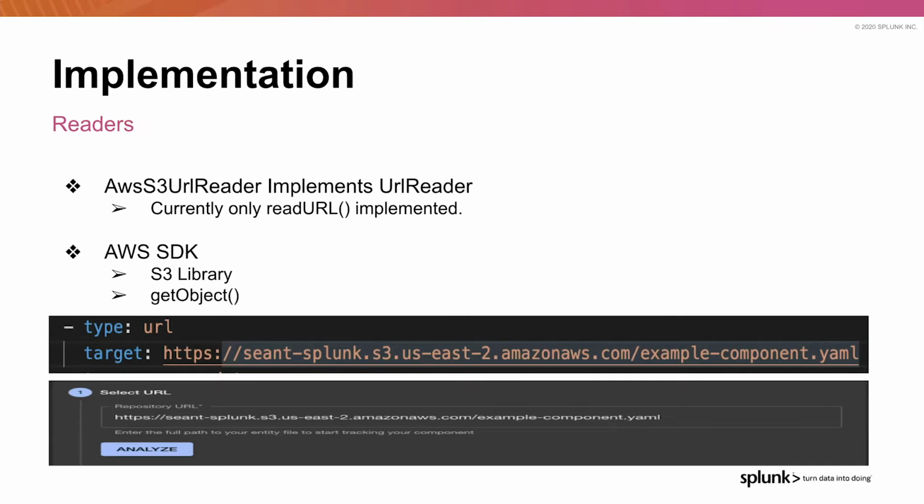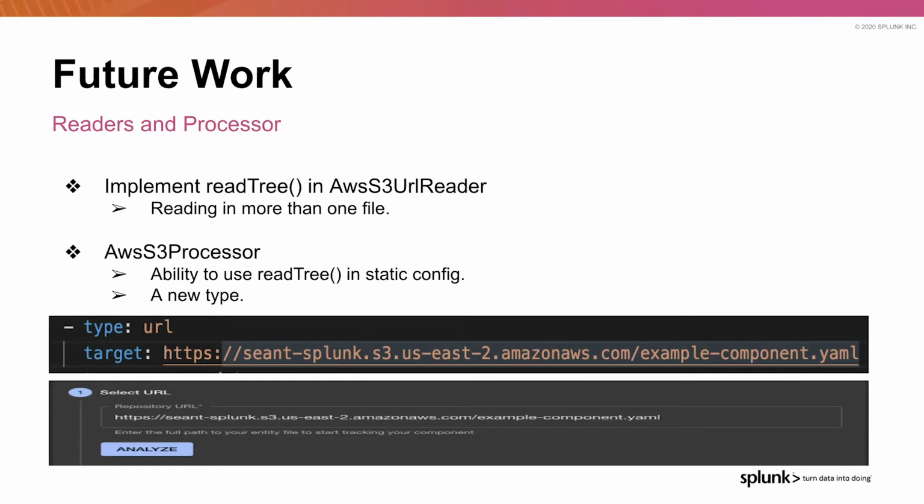And then you can also do this through the user interface. So future work on this project is we'd love to implement readTree in the reader, so that with one call to the reader, we can pull more than one file.